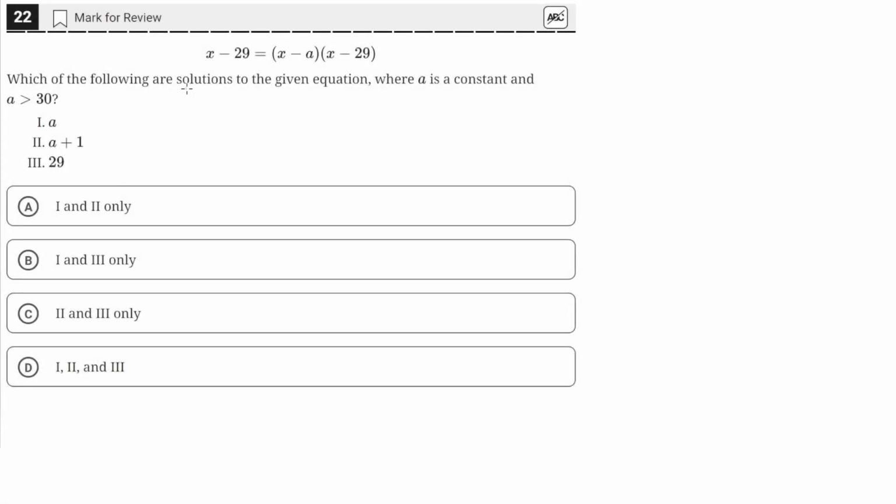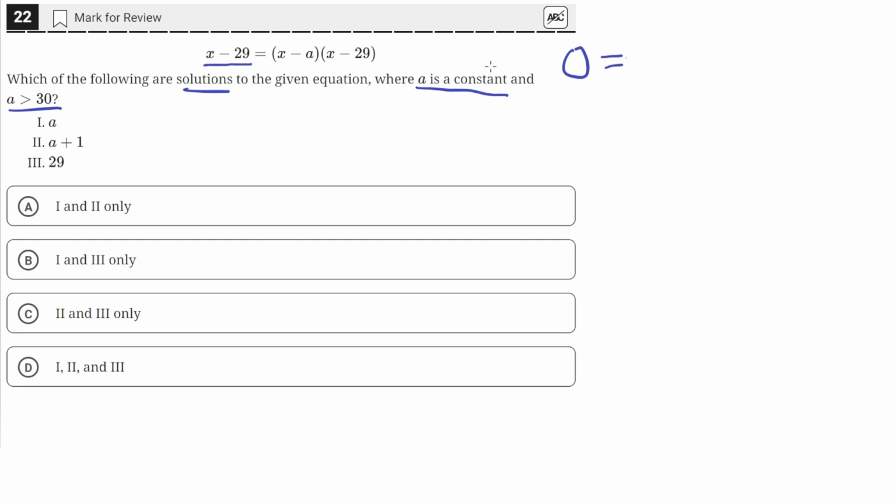Which of the following are solutions to the given equation where a is a constant and a is greater than 30? So we have this equation here, and let's manipulate this so that we can factor by grouping. So let's move this quantity x minus 29 to the other side by subtracting it.